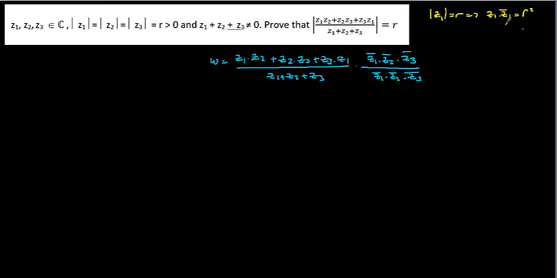This is the relation between Z1, its modulus, and R. Or if the modulus of Z2 is equal to R, it implies that Z2 times Z2 conjugate is equal to R squared. Okay, for Z3, the modulus is equal to R, which means that Z3 times Z3 conjugate is equal to R squared.